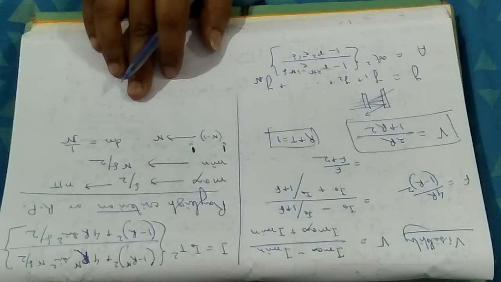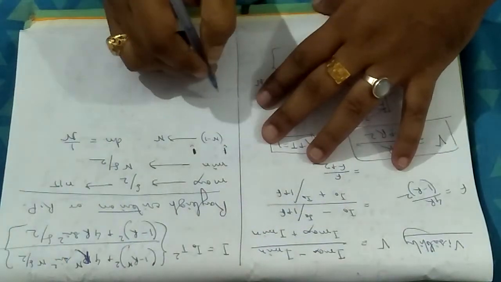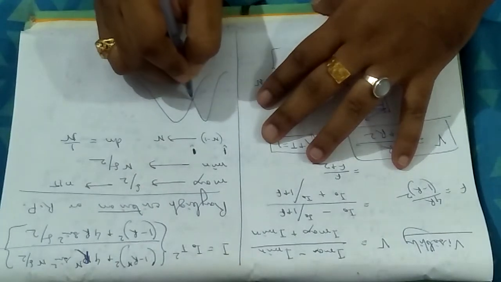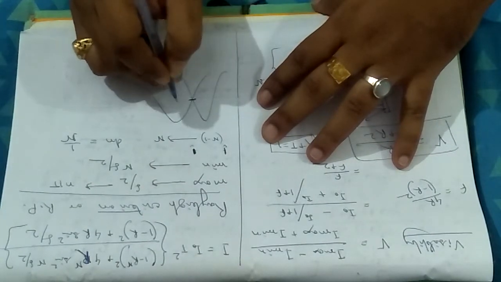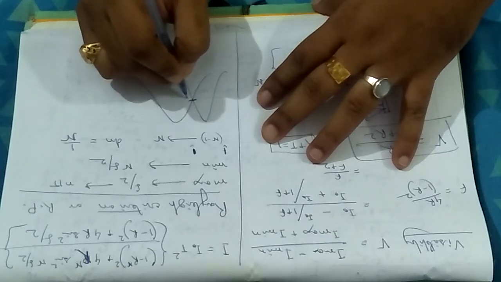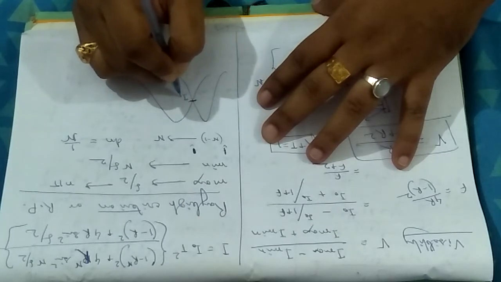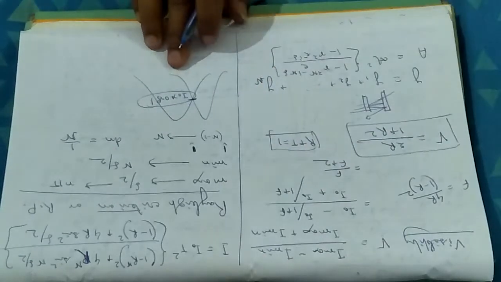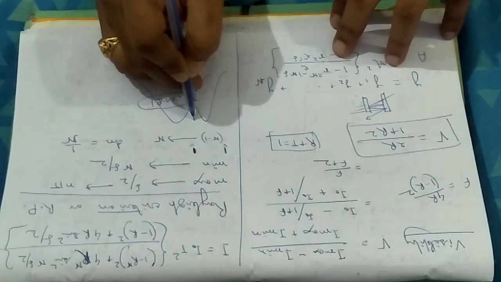Now the Rayleigh criteria for resolving power that you have seen already: if I have two maxima that intersect, the value at the intersection should be at most I0 into 0.81 in order to get a minima or dip between them.